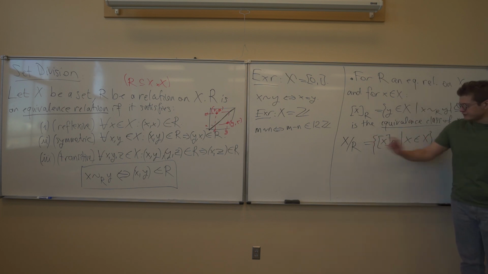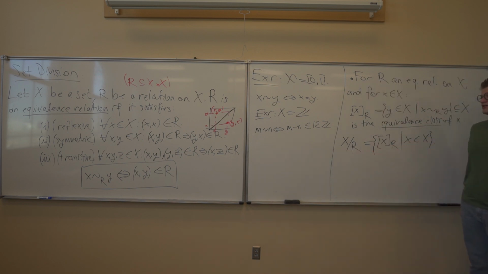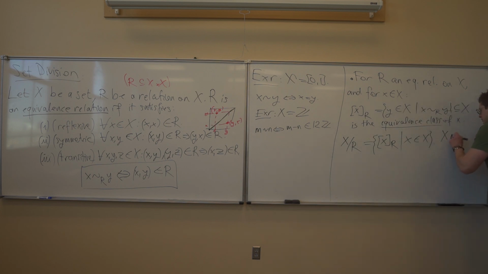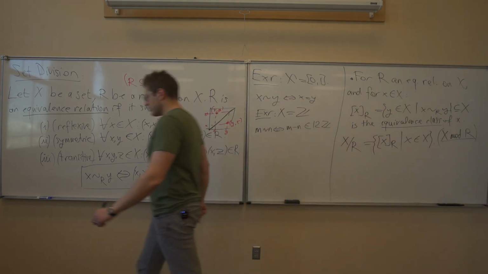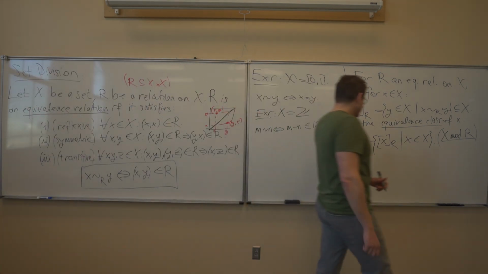Okay, so this is how you divide things. And you would read it as X mod R, modulo R. That's the name. Geometrically speaking, thinking of these squares and stuff, what you're saying is the following, really.